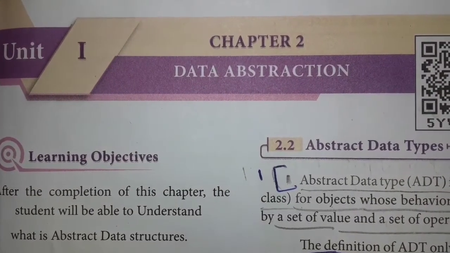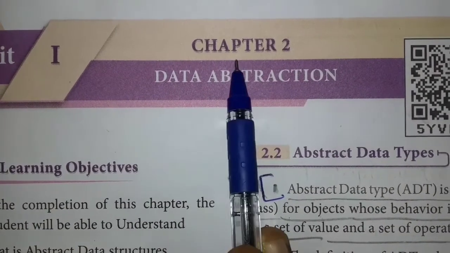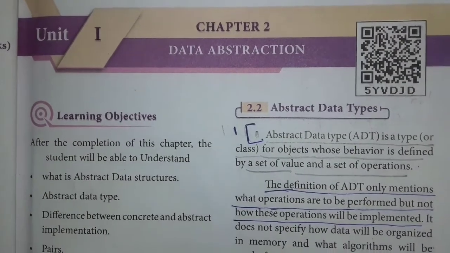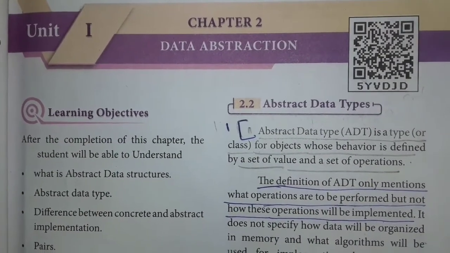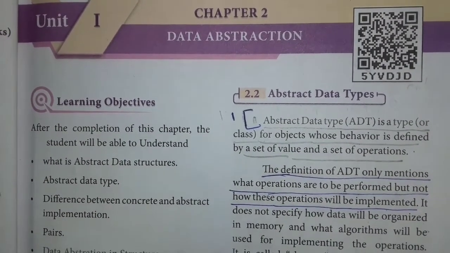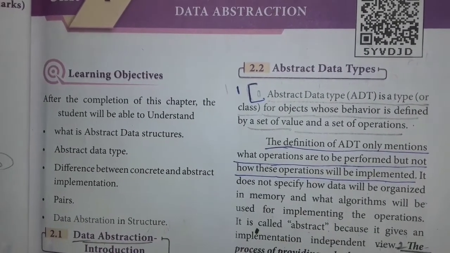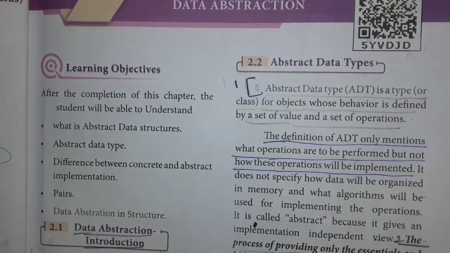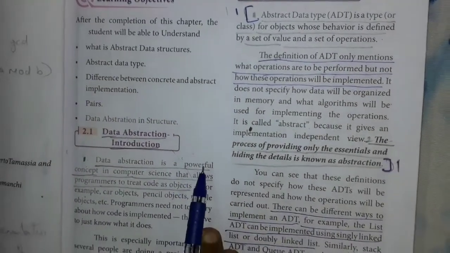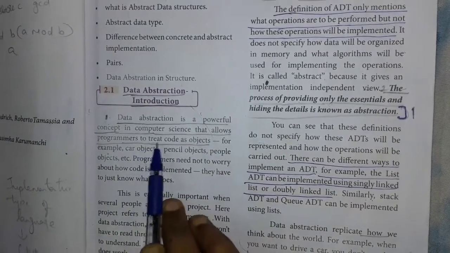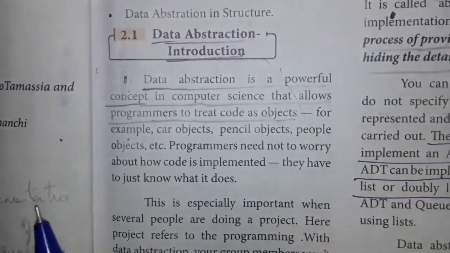So I think today's topic is clear. We started with Chapter 2, data abstraction, and under this the first topic is data abstraction introduction. The introduction for this topic is given with an example. Data abstraction is a powerful concept in computer science that allows programmers to treat code as objects.